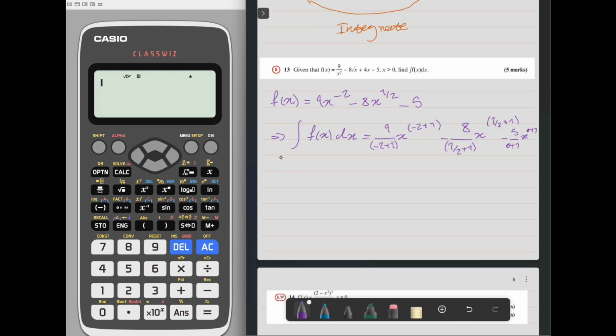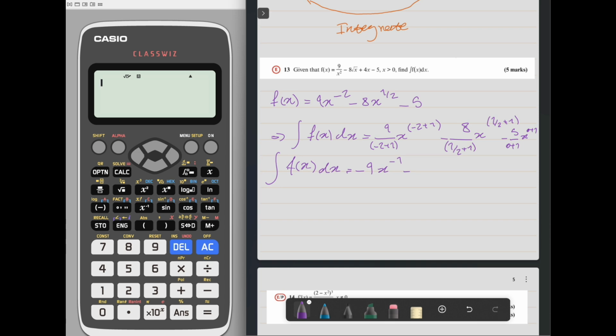So, the integration of f of x with respect to x is going to be 9 over minus 1, which is going to be minus 9, okay? Minus 9x to the power of minus 1.